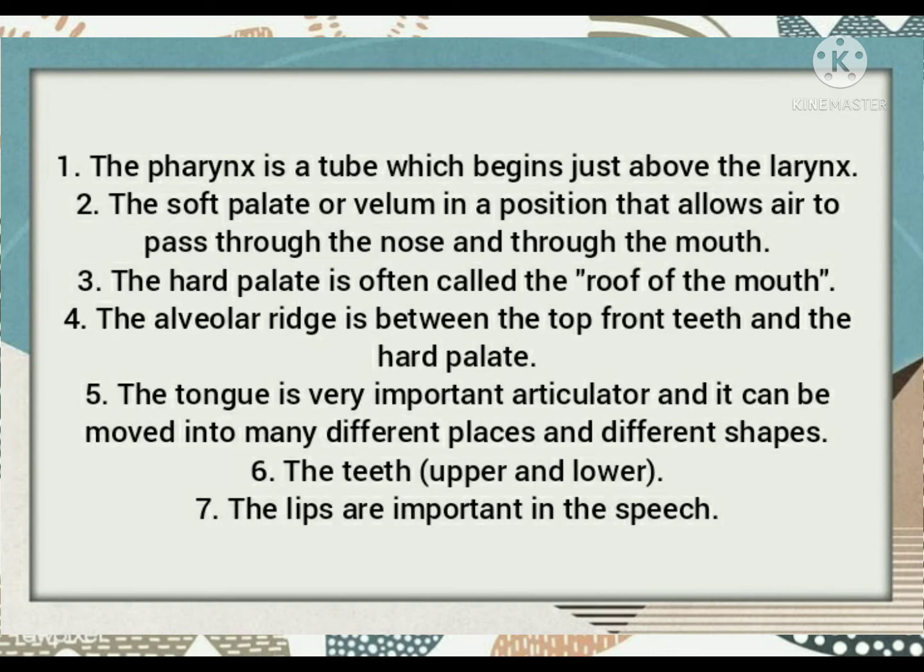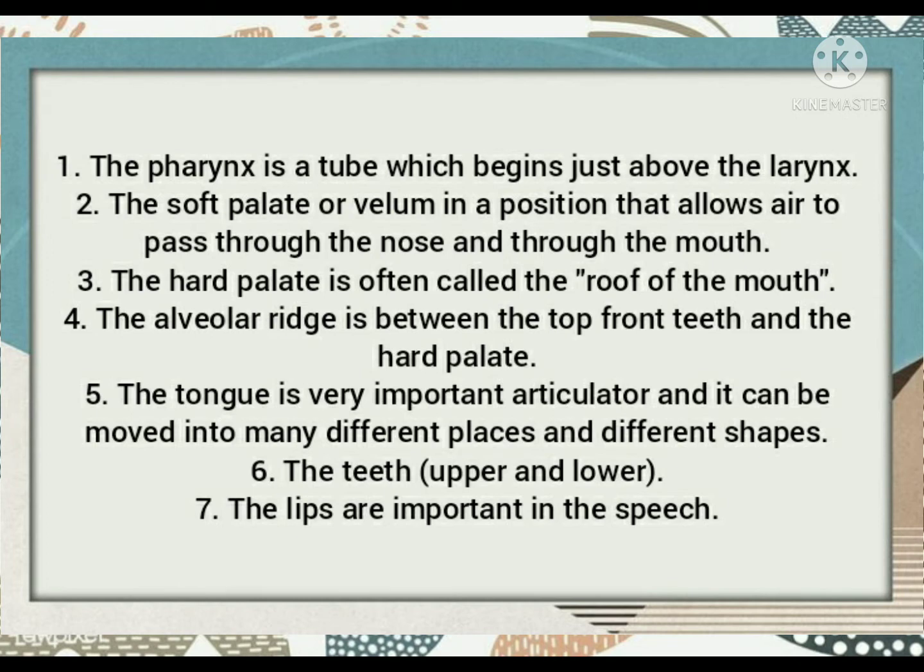1. The pharynx is a tube which begins just above the larynx. 2. The soft palate, or velum, in a position that allows air to pass through the nose and through the mouth. 3.